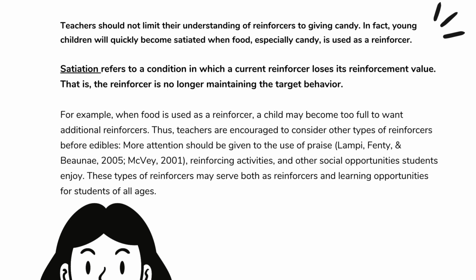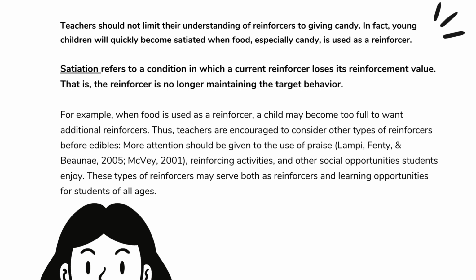Teachers should not limit their understanding of reinforcers to giving candy. In fact, young children will quickly become satiated when food, especially candy, is used as a reinforcer. Satiation refers to a condition in which a current reinforcer loses its reinforcement value. That is, the reinforcer is no longer maintaining the target behavior.